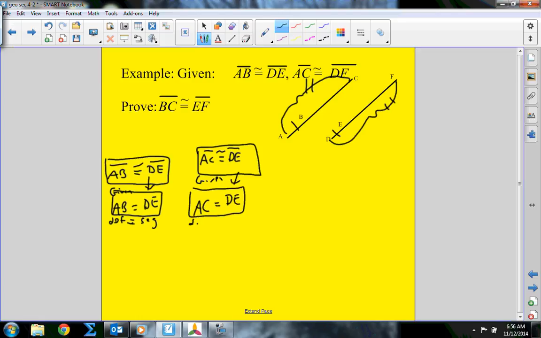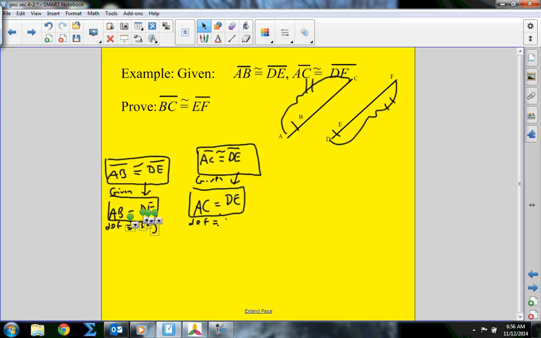Now, notice how I have connected the boxes. I have AB and DE being congruent, linked to AB equals DE.